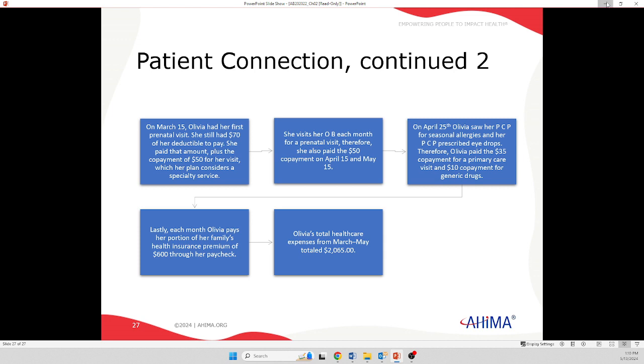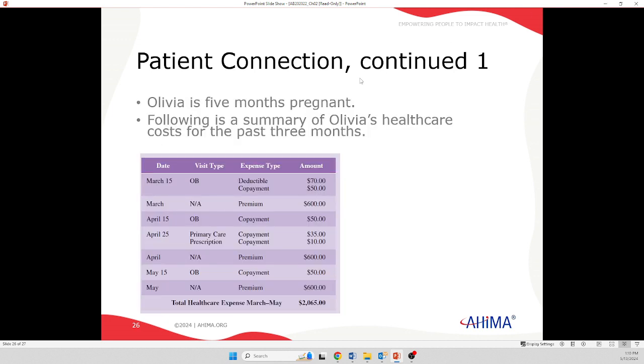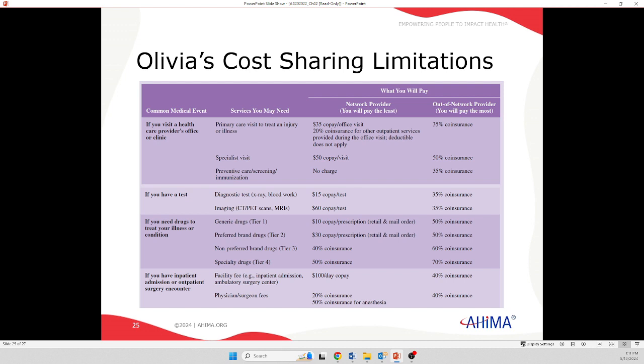So now I want us to go back. It says that on March the 15th, she paid $50.